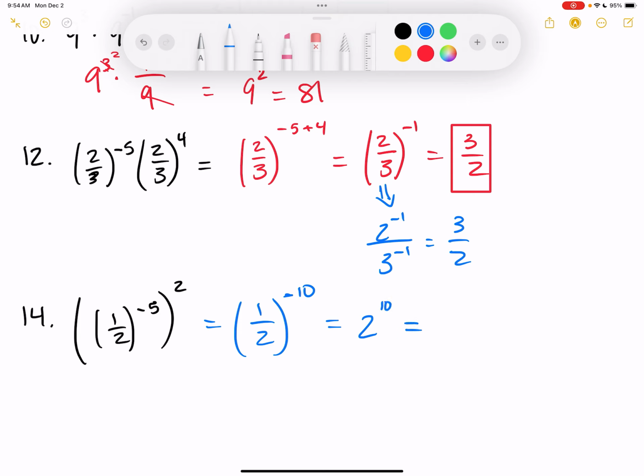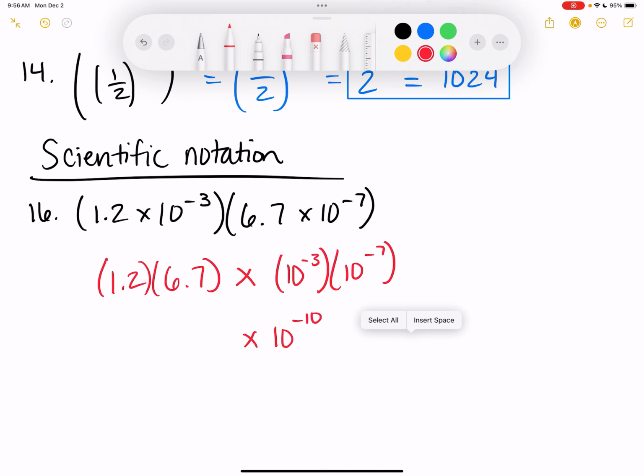Then you just combine it and it's 10 to the negative 10. Scientific notation is the only time you can have negative exponents. Then I do the 1.2 times the 6.7, which you can just do in your calculator. It's 8.04. So 8.04 times 10 to the negative 10.